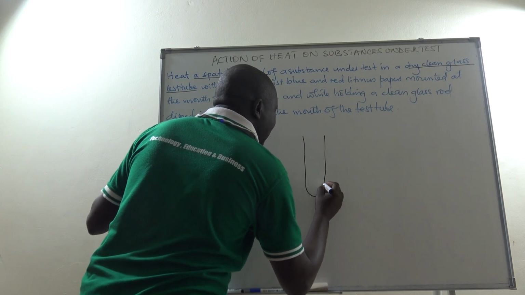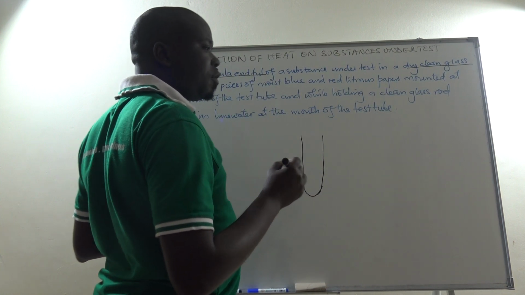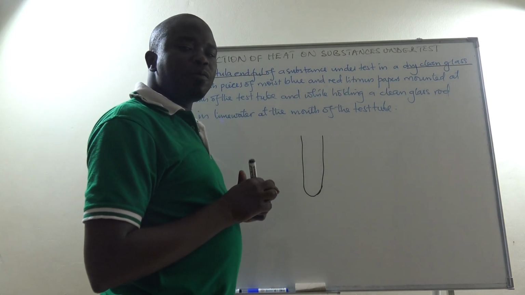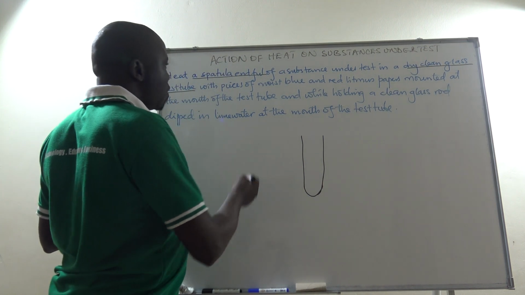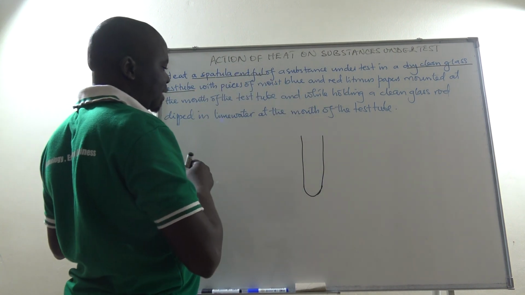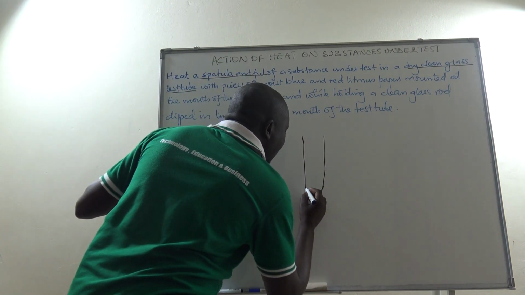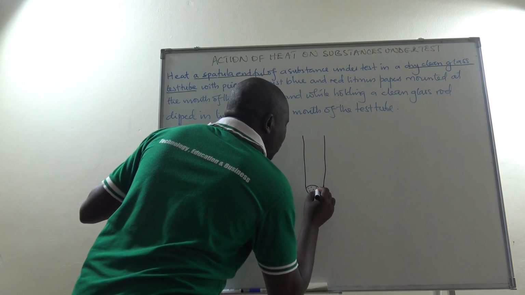If this is my test tube, and I need to use a spatula, that's the small spoon we use in the laboratory, and scoop a spatula handful of the substance under test and place it here in my test tube.